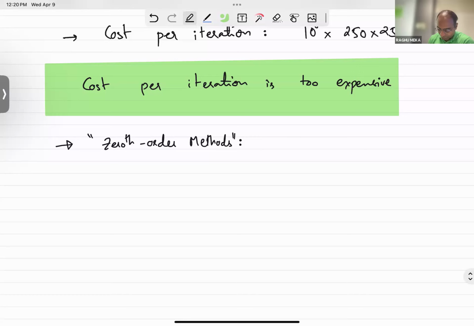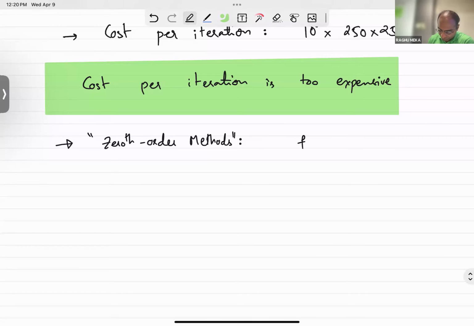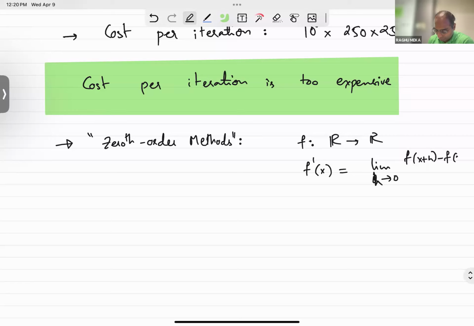If you think of the derivative, let's say f is a univariate function, then f prime of x is really the limit as h goes to 0 of f of x plus h minus f of x, divided by h. The rate of change of f around the point.